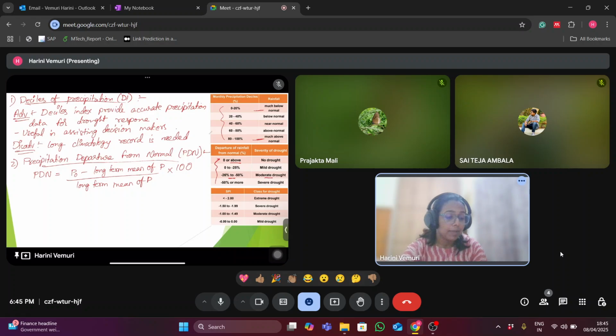If it is minus 75 or more than minus 50%, then there is a severe amount of drought. The advantage of this method is it is very simple because we just have to find the long-term mean and then the calculations are very simple. But the disadvantage is that the distribution or time scale of rainfall is not specified in this case.